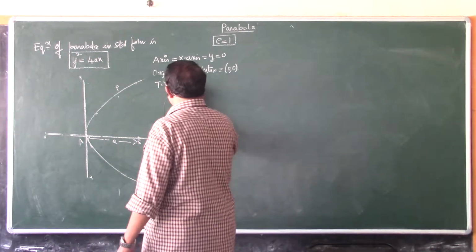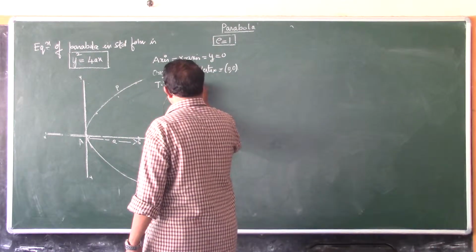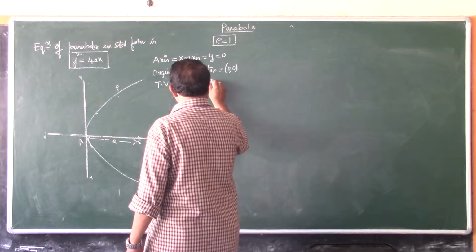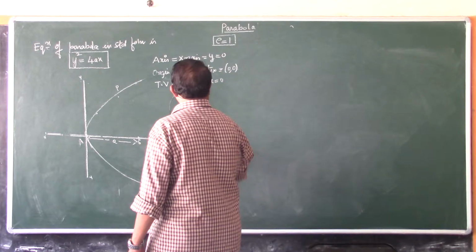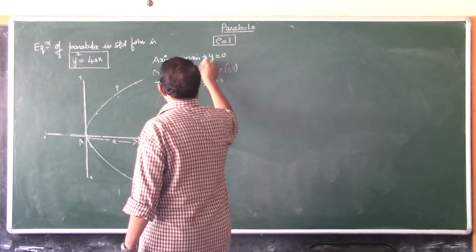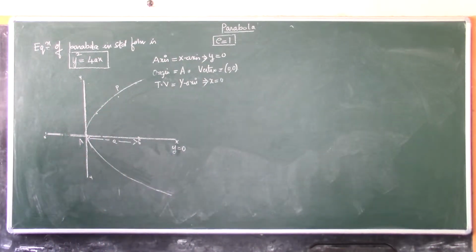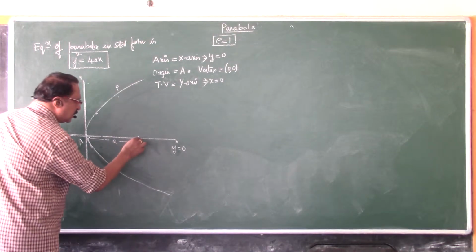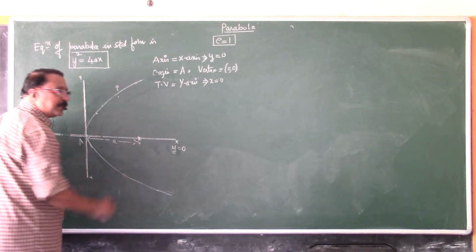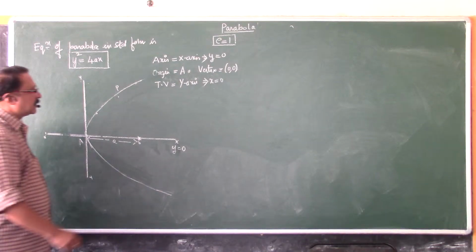Tangent at the vertex. Which axis is that? The y-axis. And what is its equation? x equals 0. So the equation of the tangent at the vertex is x equals 0.